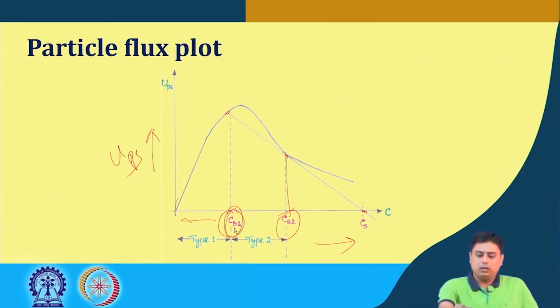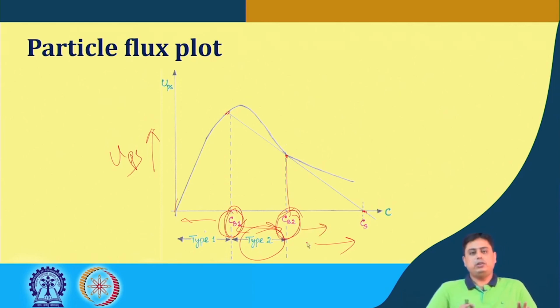And between that point and the point where it is tangent, in this region we can have type 2 settling. And if we cross this Cb2 value, eventually it again falls back to type 1 settling.